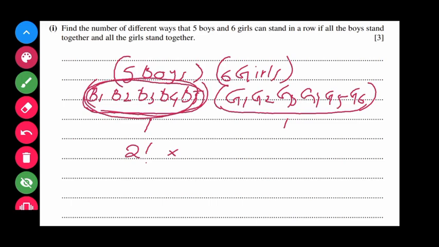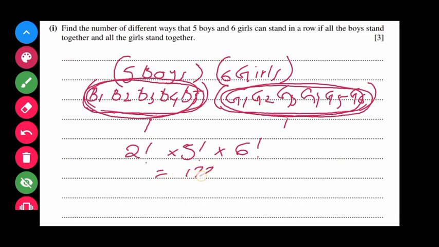In first group we have totally 5 members, can be arranged in 5 factorial ways times. When you look at the second group, there we have 6 members, can be arranged in 6 factorial ways, so that our final answer will be 172,800.